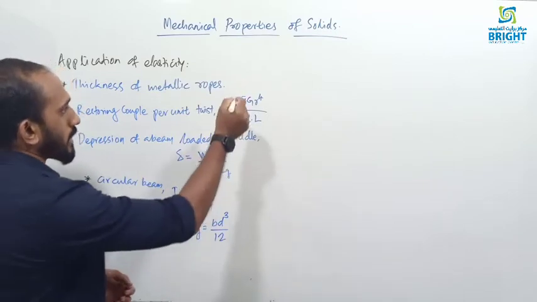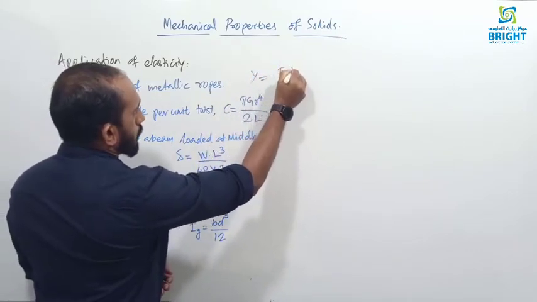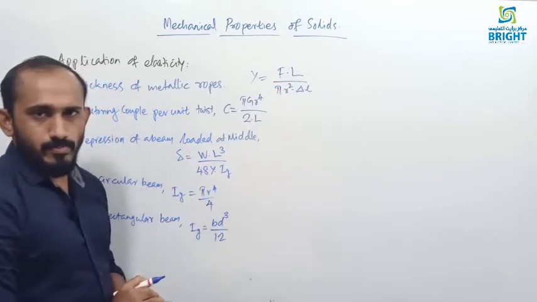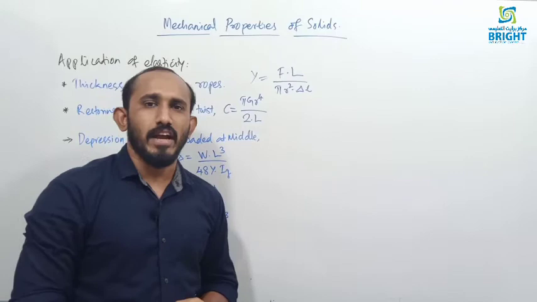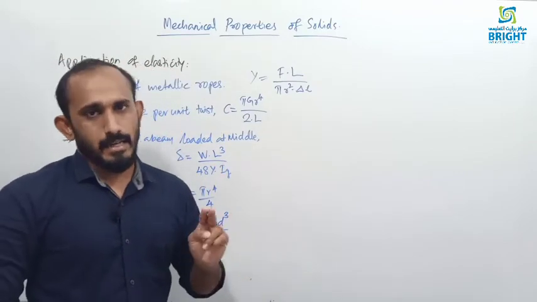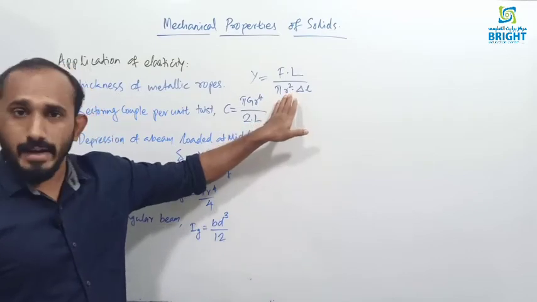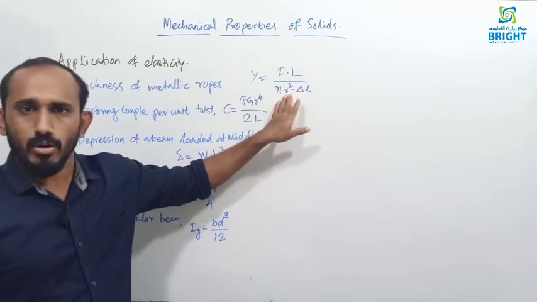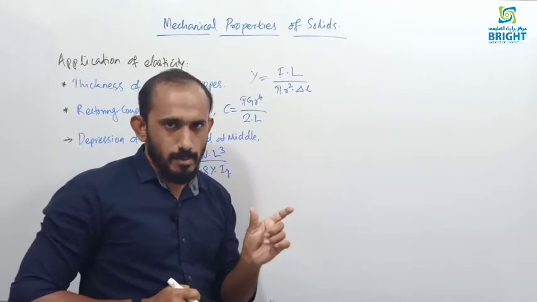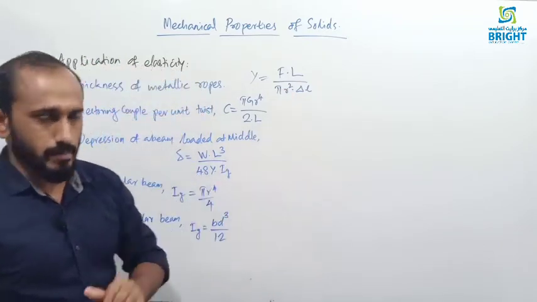There you know Y is equal to F into L by pi r square delta L. We keep a safety factor of 10. So keep in mind, in a rope, the safety factor should be 10. Based on that, we can design the radius of the wire or the rod that can be used. So keep in mind, the safety factor we keep is a maximum of 10.